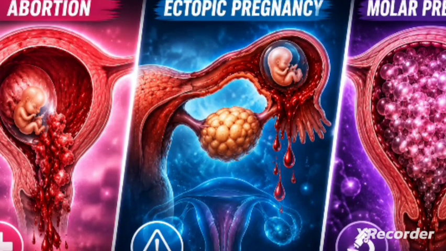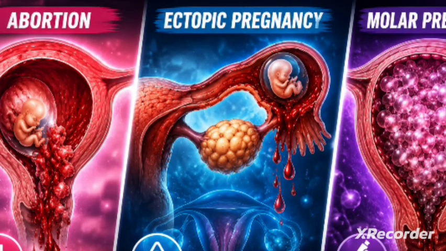So ectopic pregnancy, once you do ultrasound, you see a baby implanted in the fallopian tubes, and you diagnose ectopic pregnancy.